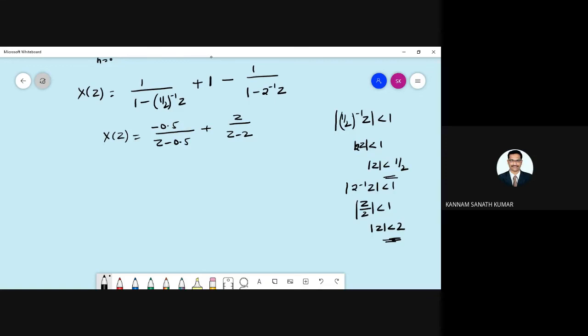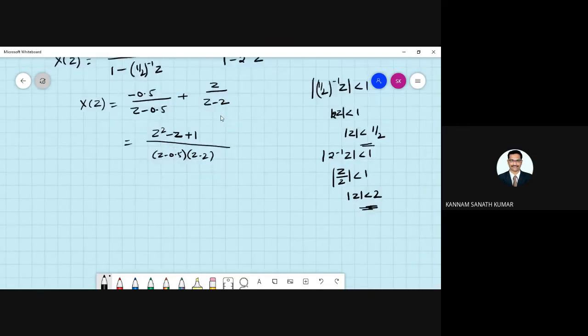So if you take the LCM, z minus 0.5, z minus 2, and if you multiply this, cross multiply and simplify, you are getting z square minus z plus 1.